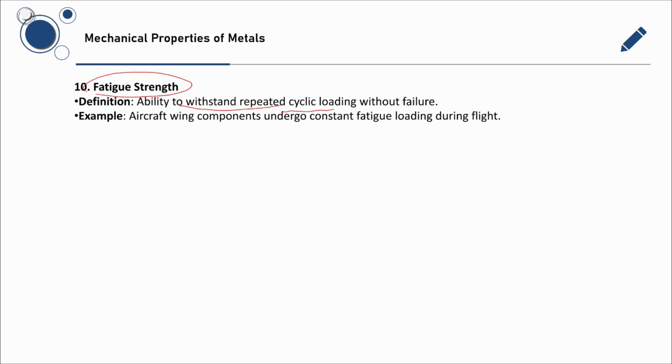How it happens: a crack starts at a stress riser like a notch or hole, surface scratches, or a weld toe. Then the crack grows a little each cycle, and final fracture occurs when the remaining section can't carry the load.